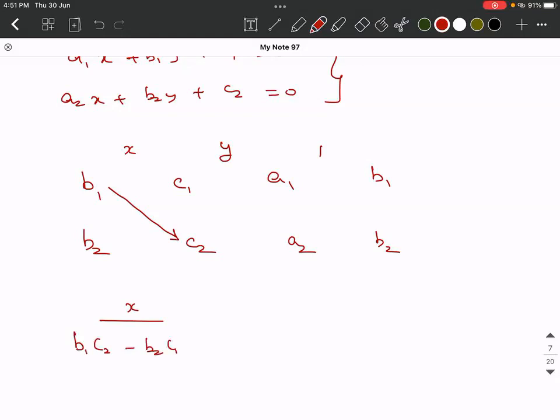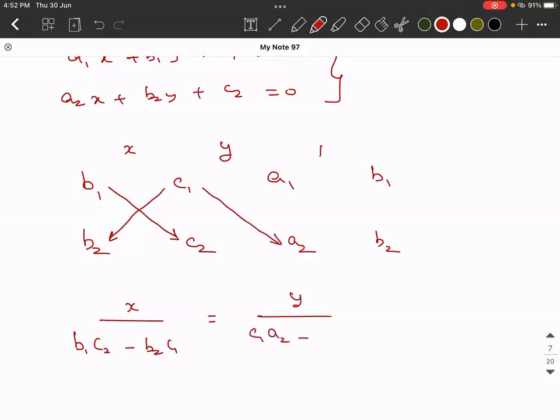So you should write x divided by, you're actually cross multiplying from left to right first minus right to left. That is why you call it the cross multiplication method. Should be equal to y divided by, do the same thing here.